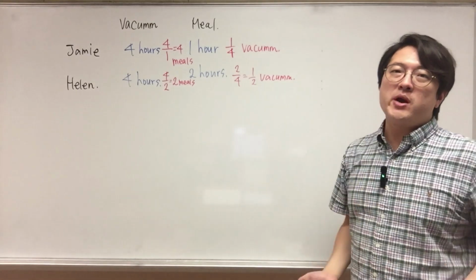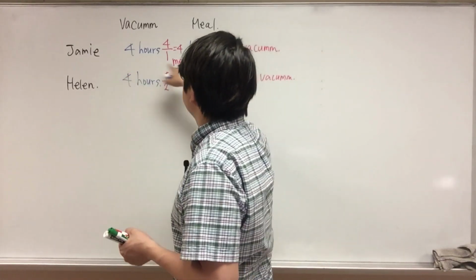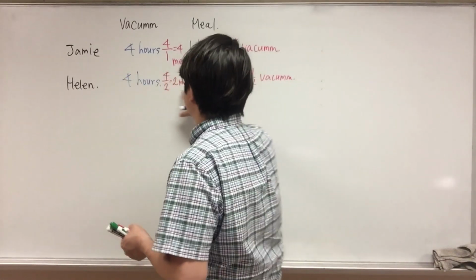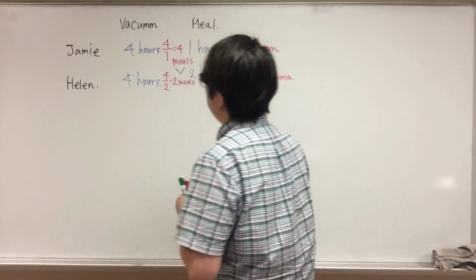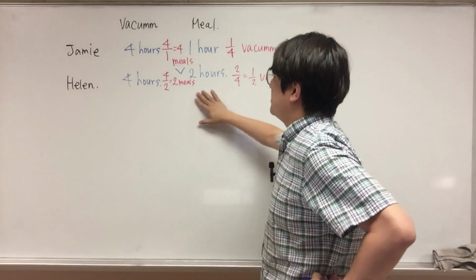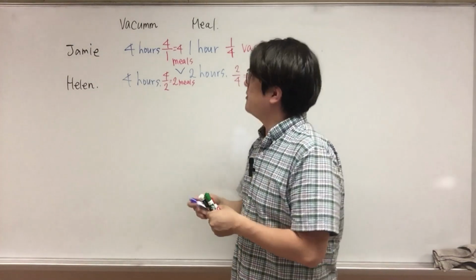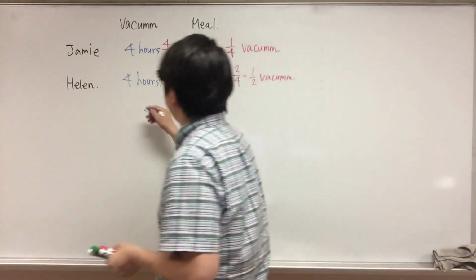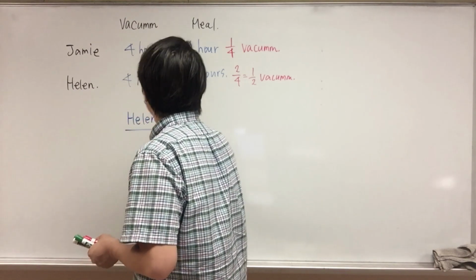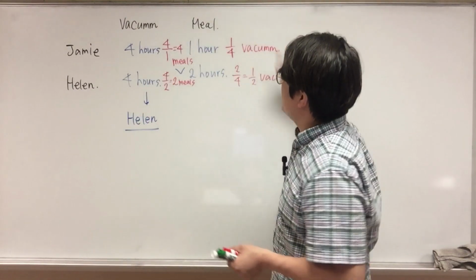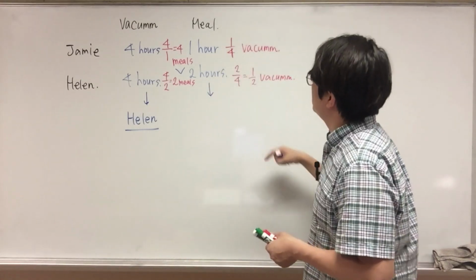So let's compare the opportunity costs. Jamie's opportunity cost for vacuuming is 4 meals. Helen's is 2 meals. Which one is bigger? Jamie's. So who has the lower opportunity cost for vacuuming? Helen, right? So for vacuuming the house, Helen has the comparative advantage. How about making meals? Who has the lower opportunity cost?